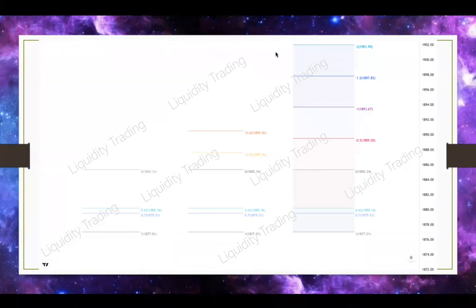Now, what that means, if you take a look at it, you can see the level between the 1 and the 0, and this will be multiplied. So that's a standard deviation.